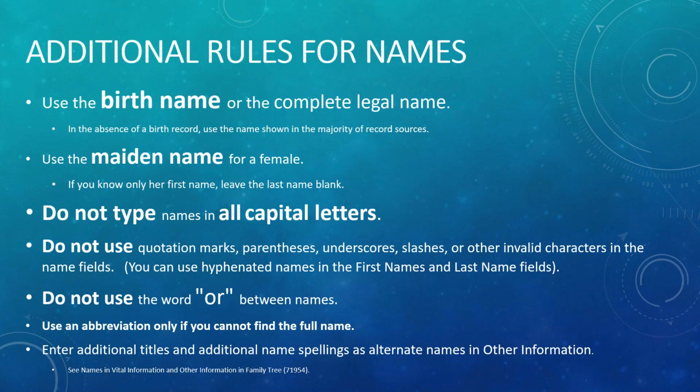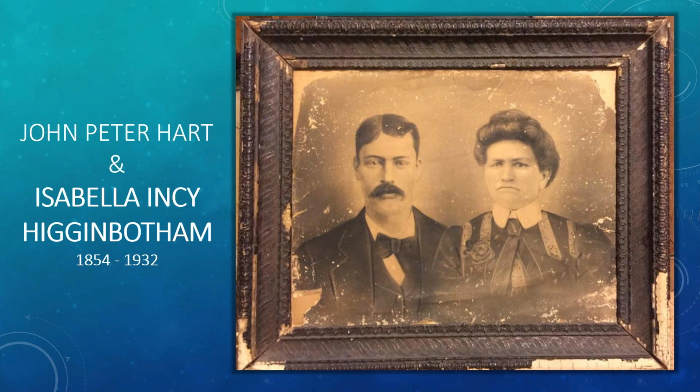In the past, they used cap letters to designate that it was a last name, but because we're using data fields, that last name field designates that as the last name. And don't want to use quotation marks, parentheses, all these other markings in there, although you can use hyphens for last names if there's a hyphenated last name. And then also don't use the word or between names. So those are the basic, most important rules, I think, when you're adding names for information.